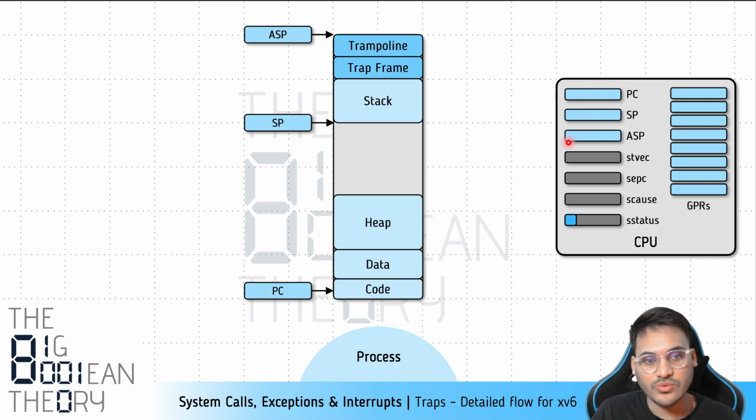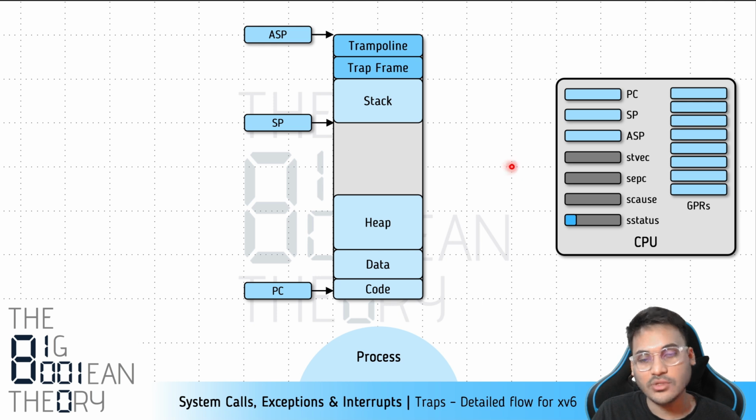This is the address space pointer, basically saying that this is the current address space in which we are executing. You can see the mode bit, the privilege mode is currently user mode. So this is the starting point, right? And as you remember, in this trap vector register is the address of the trampoline code. And as we said, this trampoline code is the first piece of code which will be executed when we have a trap. So now let's say the trap has happened.